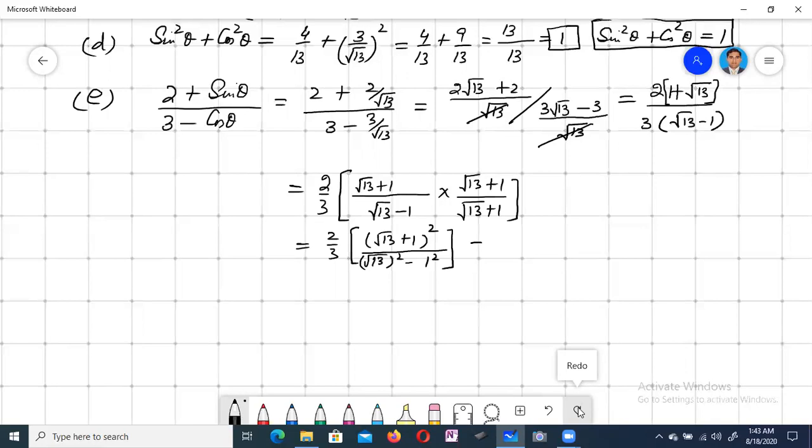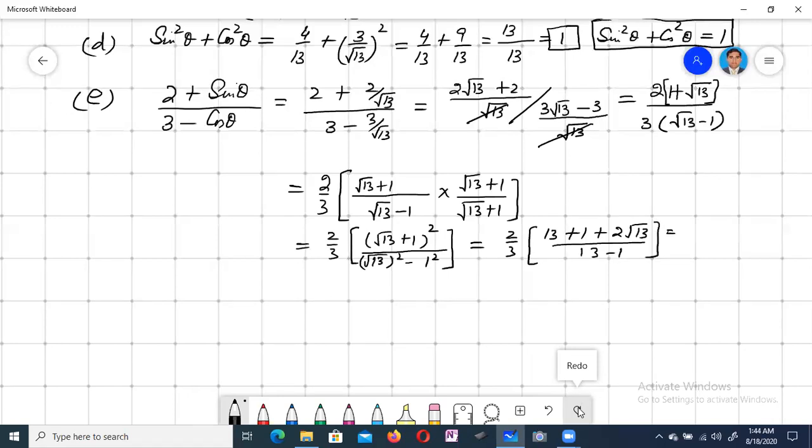Then after further simplification, this 2 divided by 3 as it is, inside the bracket, in numerator is a plus b whole square. Then a square is square root 13 square, square root cancels, only 13, plus b square is 1 square, 1 square is 1, plus 2ab. 2 into square root 13 into 1 will be 2 square root 13. In denominator, square cancels with square root, 13 minus 1 square is 1.